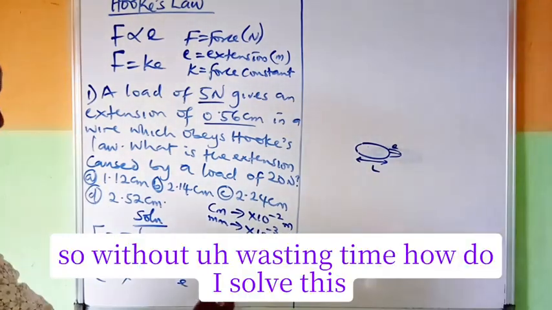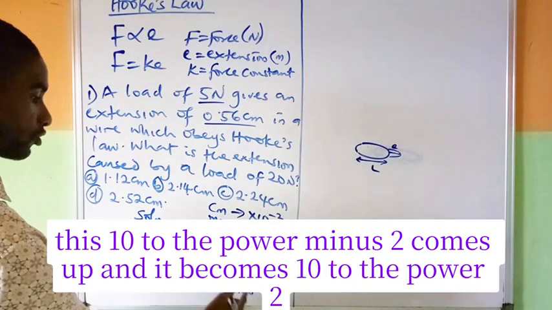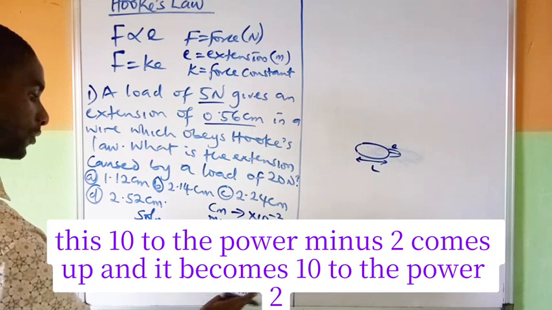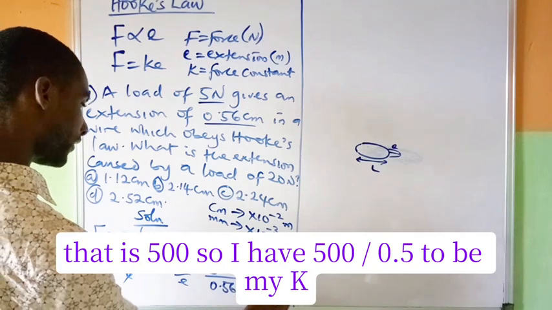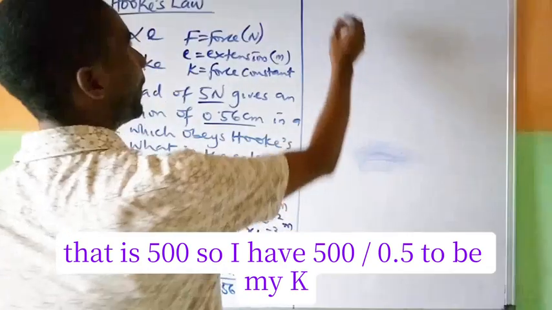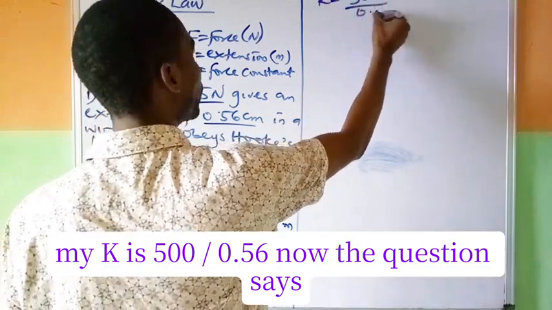Without wasting time, the 10 raised to power minus 2 comes up and becomes 10 raised to power 2. So K is 500 divided by 0.56.